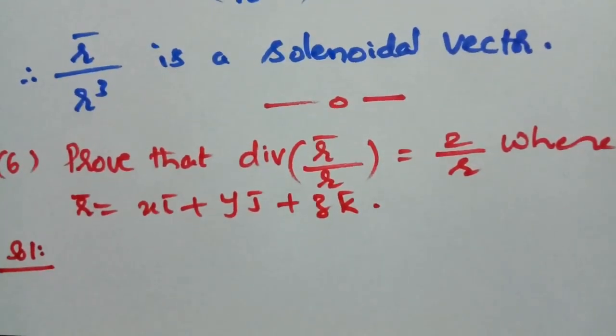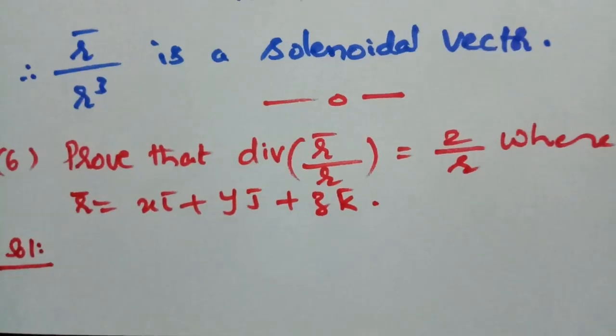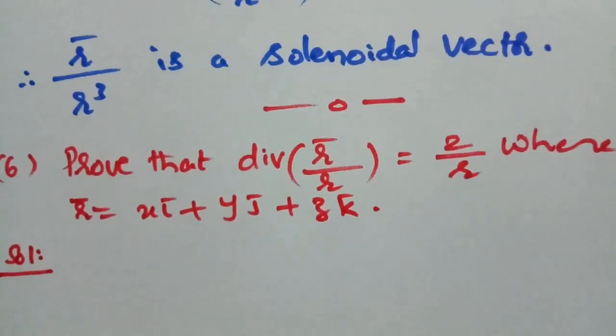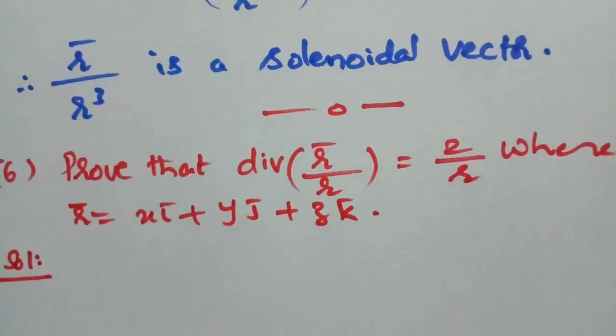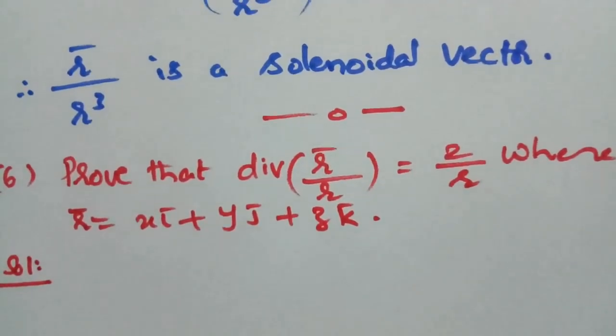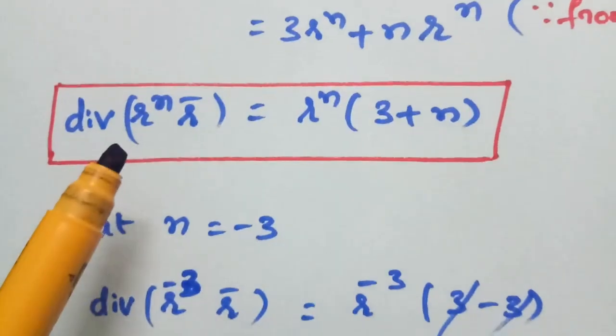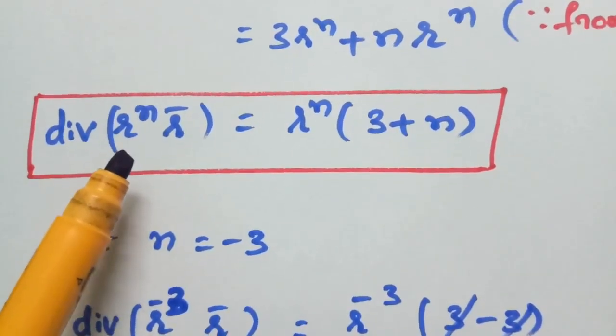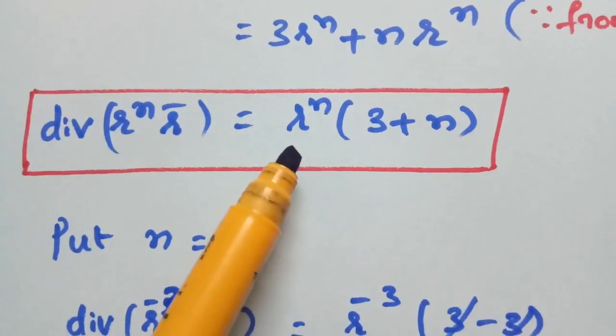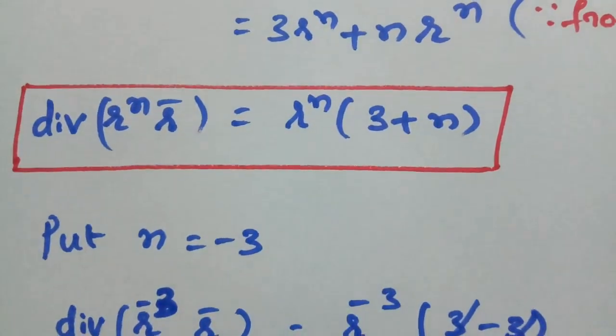As explained in the previous problem, divergence of r power n into r bar is equal to r power n into 3 plus n.